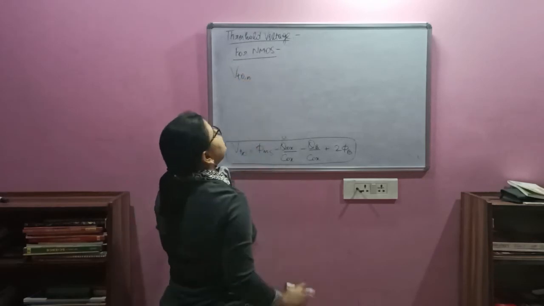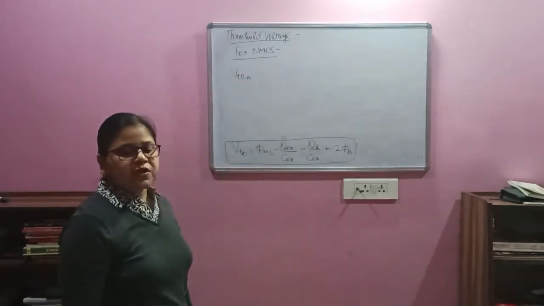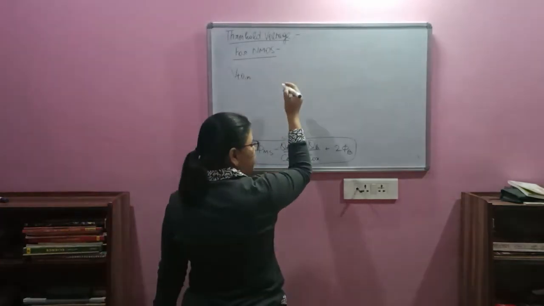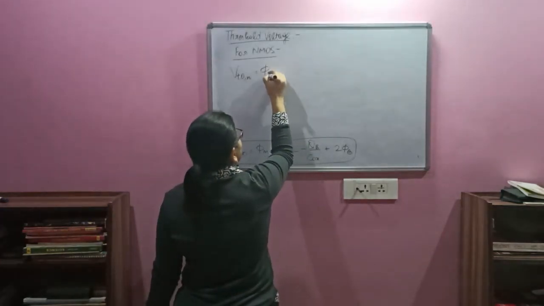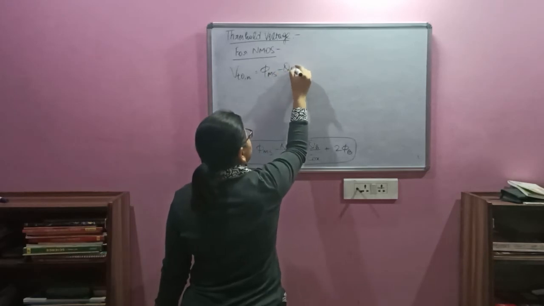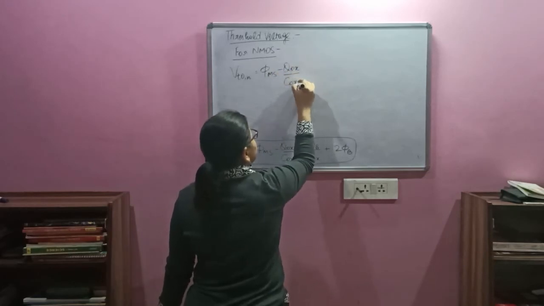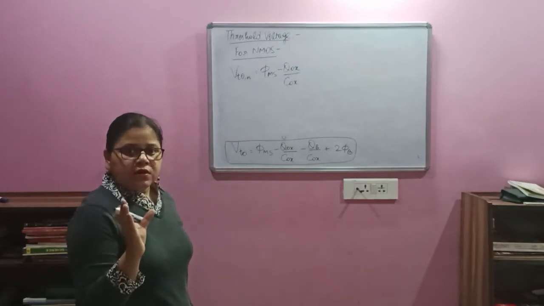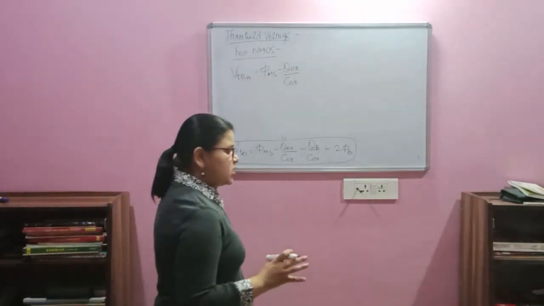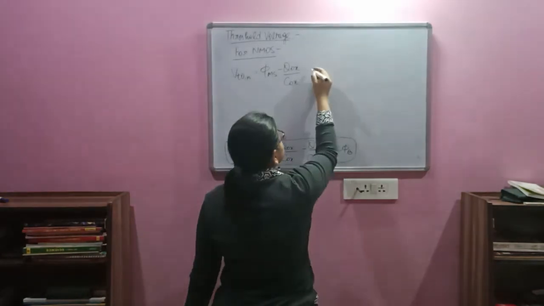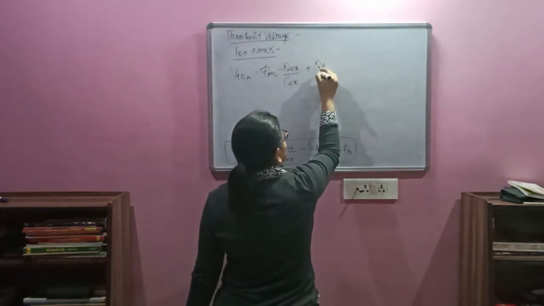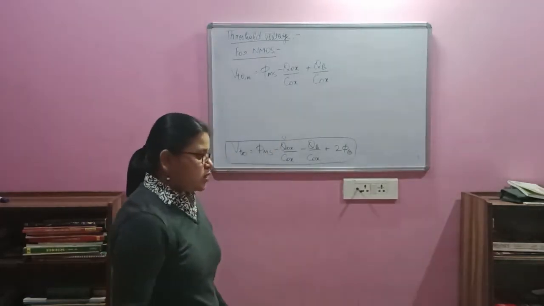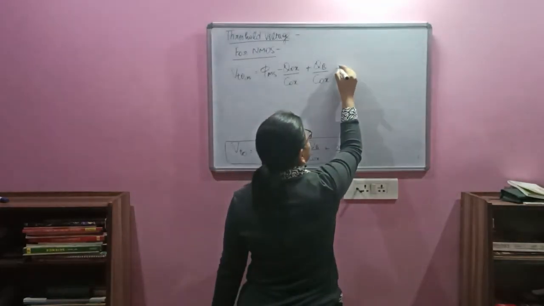I take one more suffix N, which interprets that I am writing for an N channel device. So this will be given as phi ms minus Q oxide upon C oxide. This will remain unchanged because it is a term related to the flat band voltage. Now comes the bulk charge density, and then we write down this.